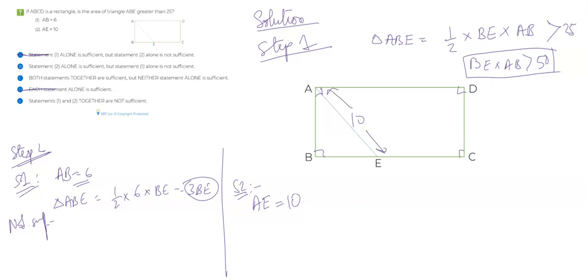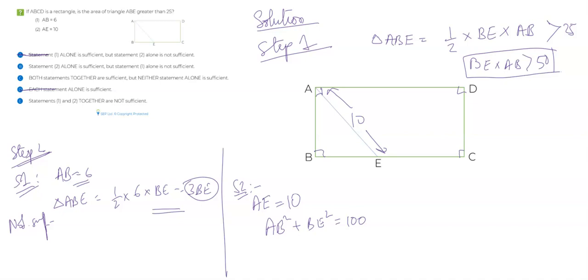Now, if AE is 10 and AE is the hypotenuse in this case, we can say that AB square plus BE square is equal to 10 square, which is 100. So the sum of the squares of these two is 100.